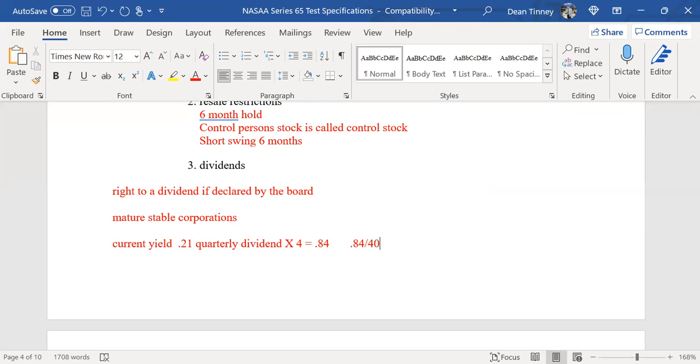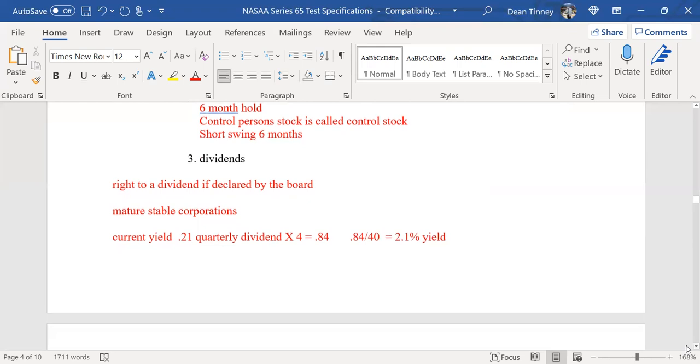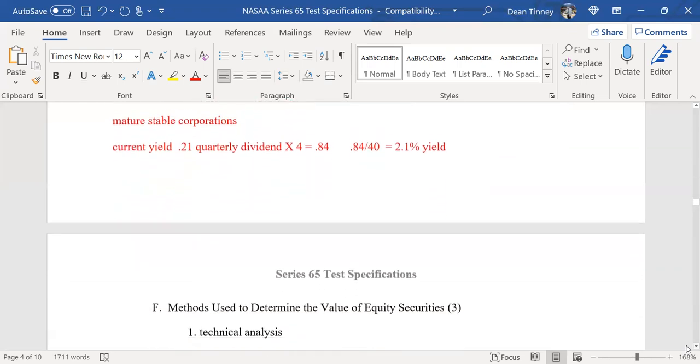And so the current yield right now, based on today's price, could differ depending on what you paid for, but 84 divided by 40 looks like about a 2% yield, 2.1. You know, it's not a bad yield. I might consider such an investment. So you should be able to do current yield based on those dividends.